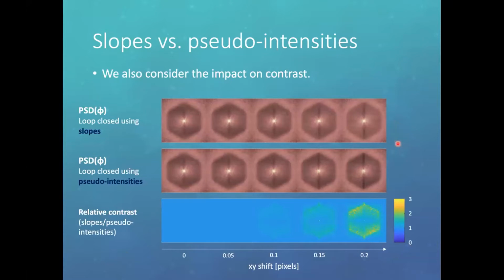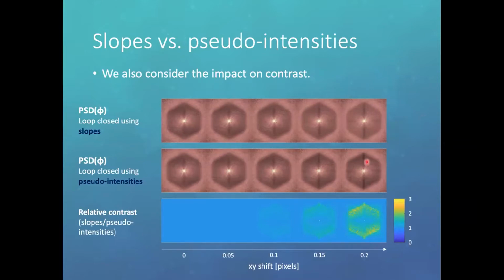So just to have a look at the contrast as well as the overall residual. On the top we have the residual PSD of the slopes and then the pseudo intensities. And then here we have the ratio of the two, so the relative contrast improvement. This is ignoring the cases where it went unstable.